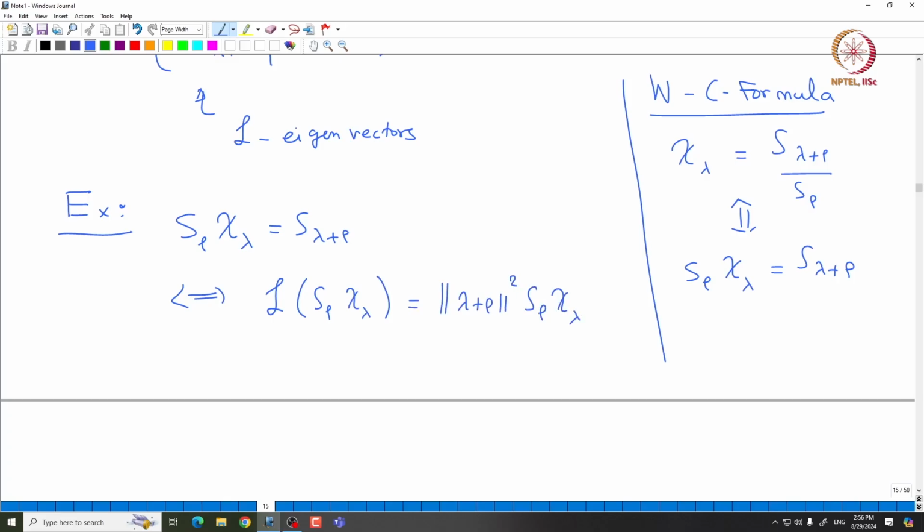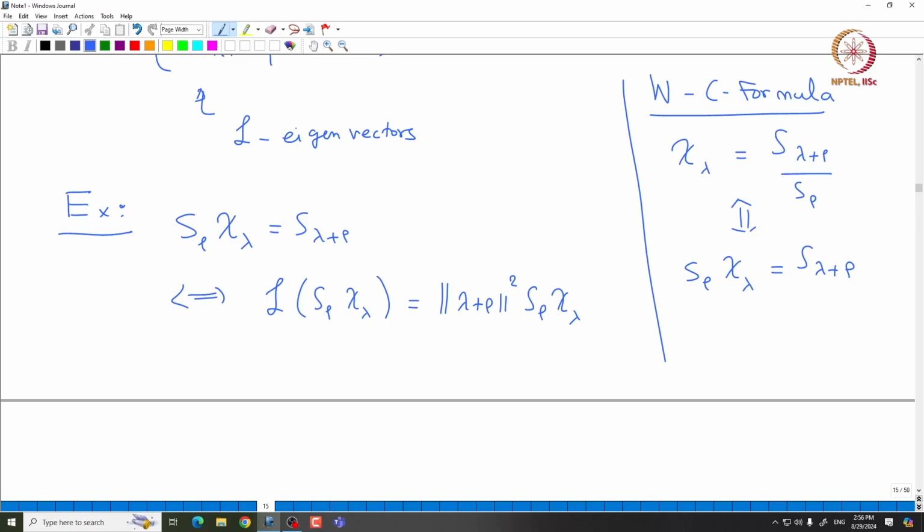So, it is enough to prove that S_ρ χ_λ becomes an eigenvector for this Laplacian L with the eigenvalue norm (λ+ρ) squared. If that is the case, then you can easily see that it will be written as a sum of the corresponding eigenvectors, but we know that S_{λ+ρ} is the only eigenvector of L that satisfies this condition.